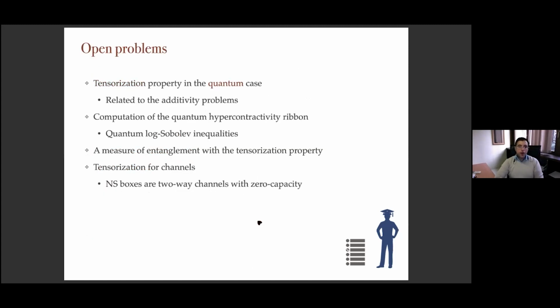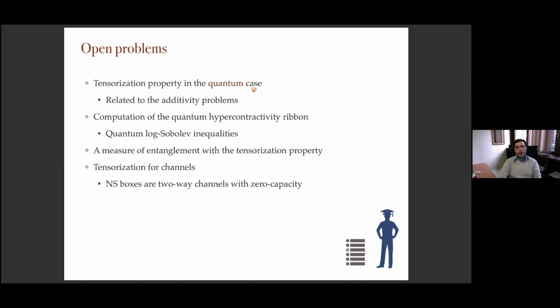What about open problems? One problem is this tensorization problem. I told you that the tensorization property for quantum measures of correlation is a hard problem, exactly because of the same difficulty, the difficulty of additivity in the quantum case.